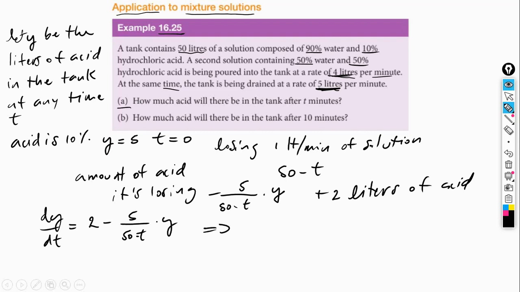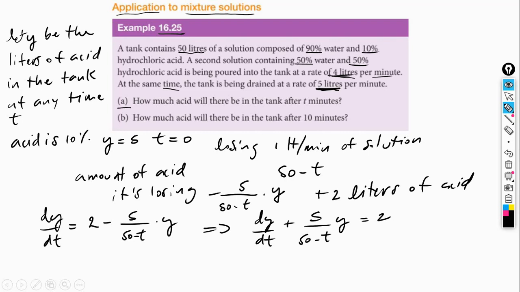We can rearrange this and write it as dy/dt plus 5 over 50 minus t times y is equal to 2. So now it's just a matter of solving for this differential equation. I leave that to you as practice.